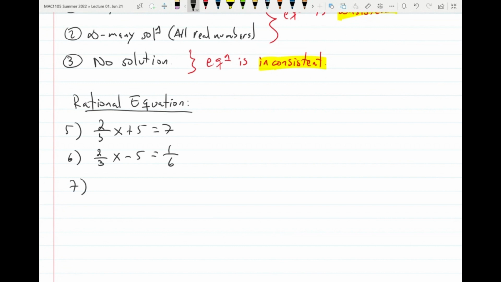And now number 7, slightly different. It's no longer linear because now we do have a variable down here, the denominator. Okay. Let's make it slightly more interesting.